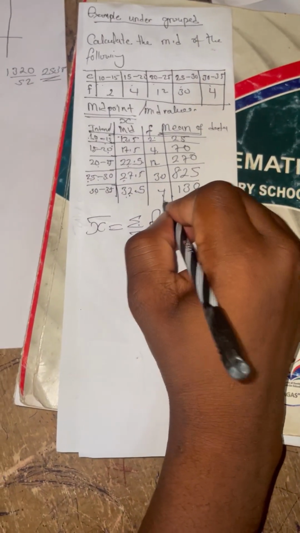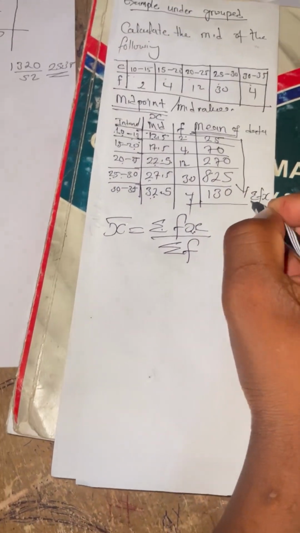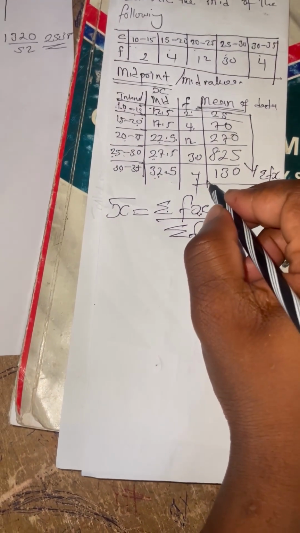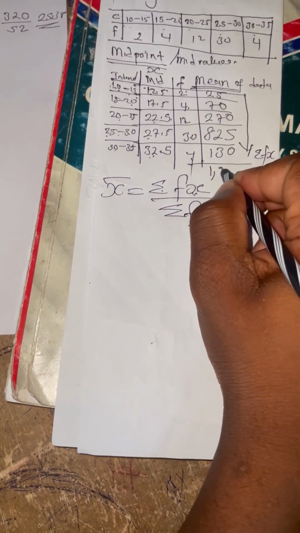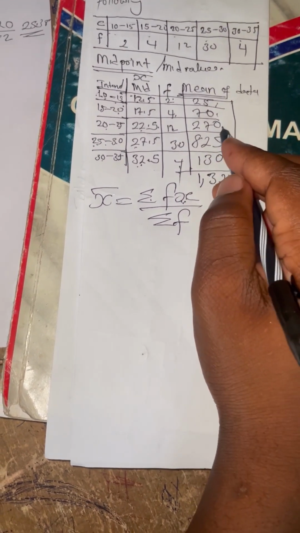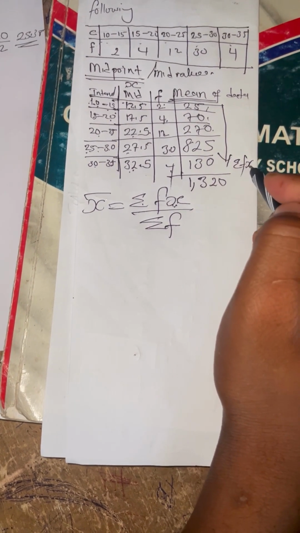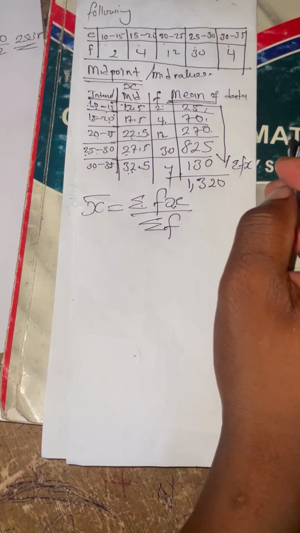So if we add all of this, we are going to have sigma fx. We said 25 plus 70 plus 270 plus 825 plus 130 will give you 1320.